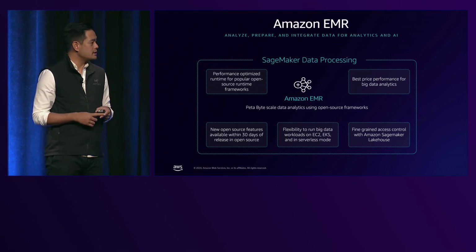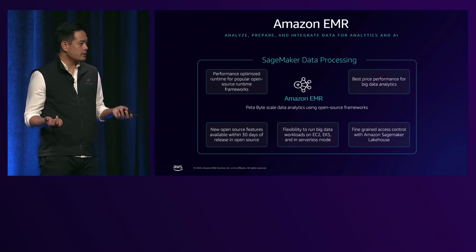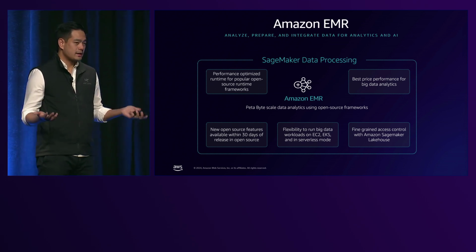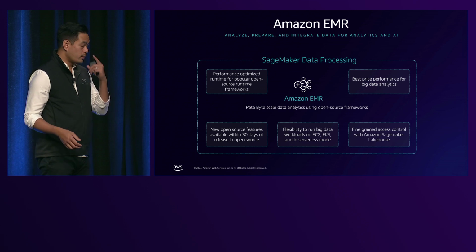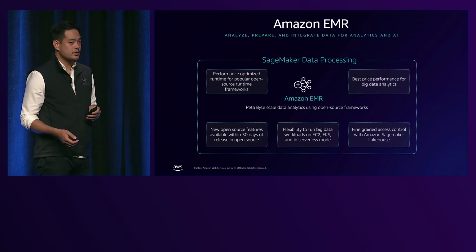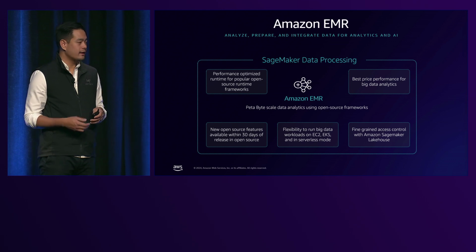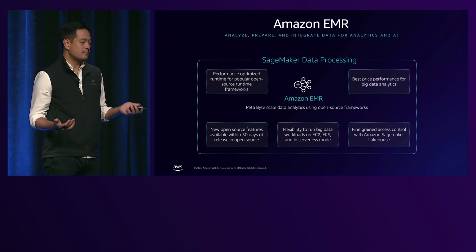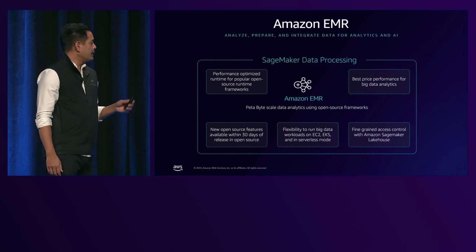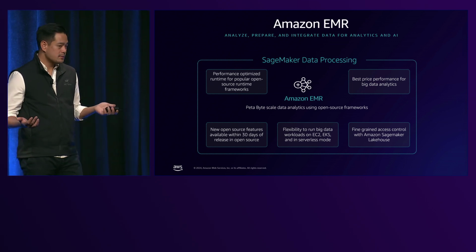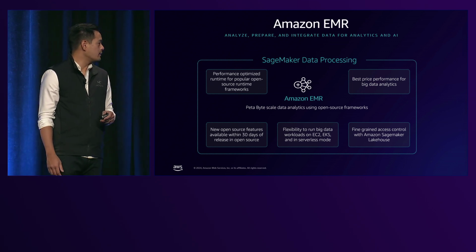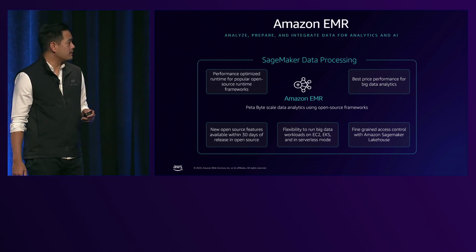You can run EMR on EC2, EMR on EKS, as well as serverless. We have best-in-class security with recent support for native fine-grained access control on Spark, as well as recent improvements with CVE handling, as well as TLS endpoint support. And lastly, we try to stay as current as possible. Within 30 days of an open source release, we try to make that available on EMR.